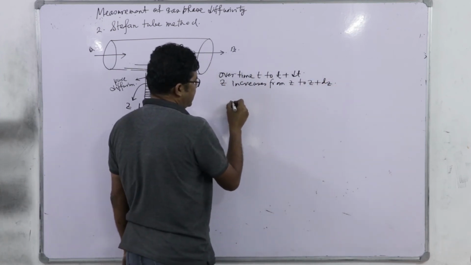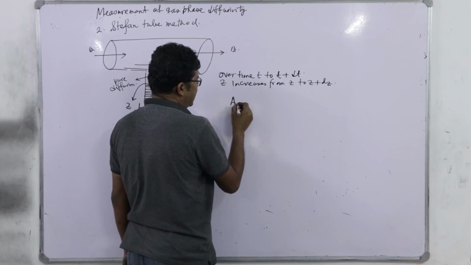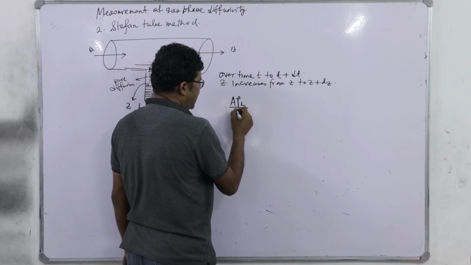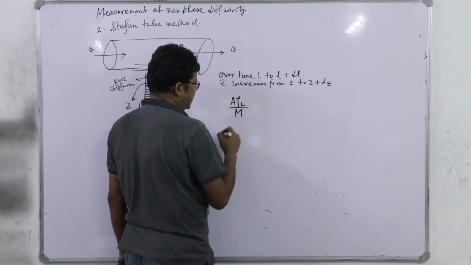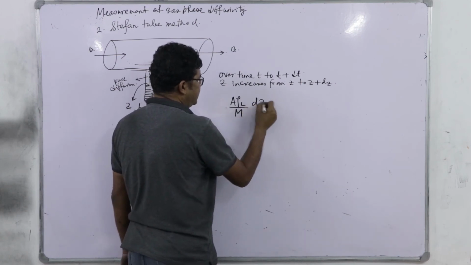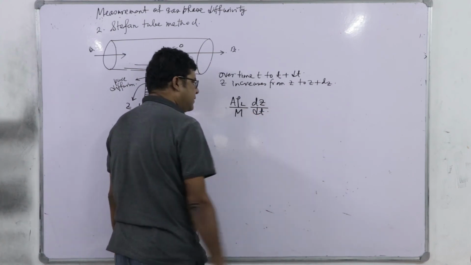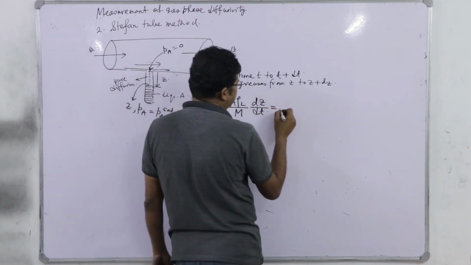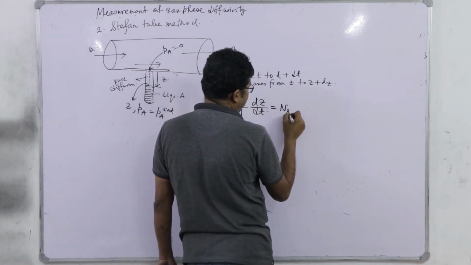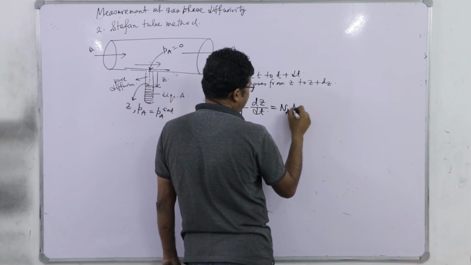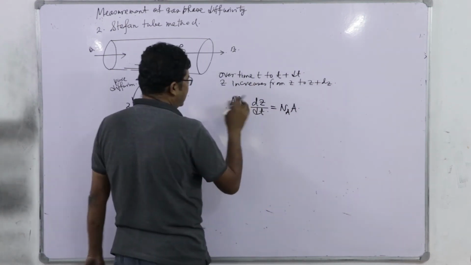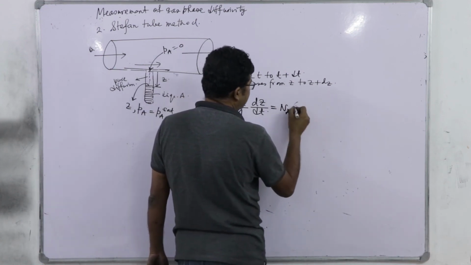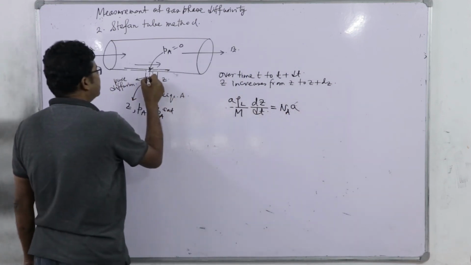So, a into rho L, the density of the liquid, divided by its molecular weight, into dz/dt is the rate of evaporation, and that is equal to NA into a. The a is the area of this tube.